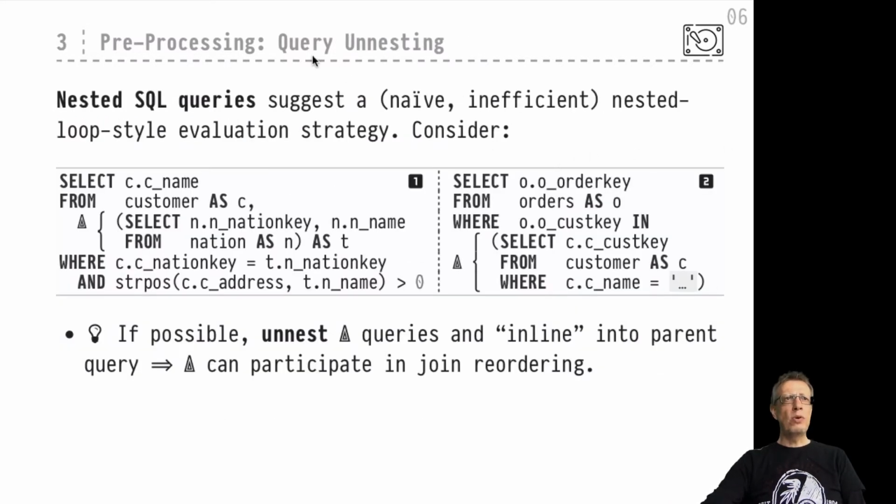Right, so query unnesting. This is all about the removal of nesting inside SQL queries because, naively following this particular nesting, parenthesized nesting in evaluation order would probably lead to suboptimal evaluation plans. So we have two queries here, query 1, query 2, and both of them feature nesting.